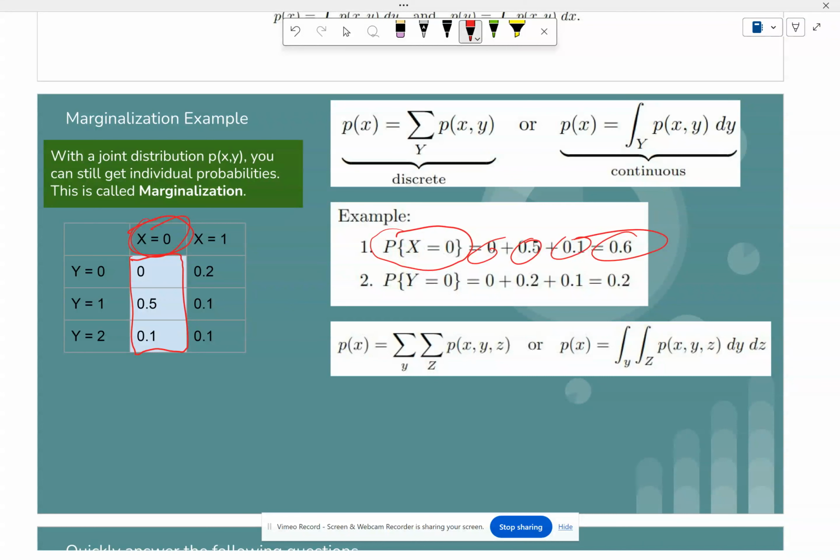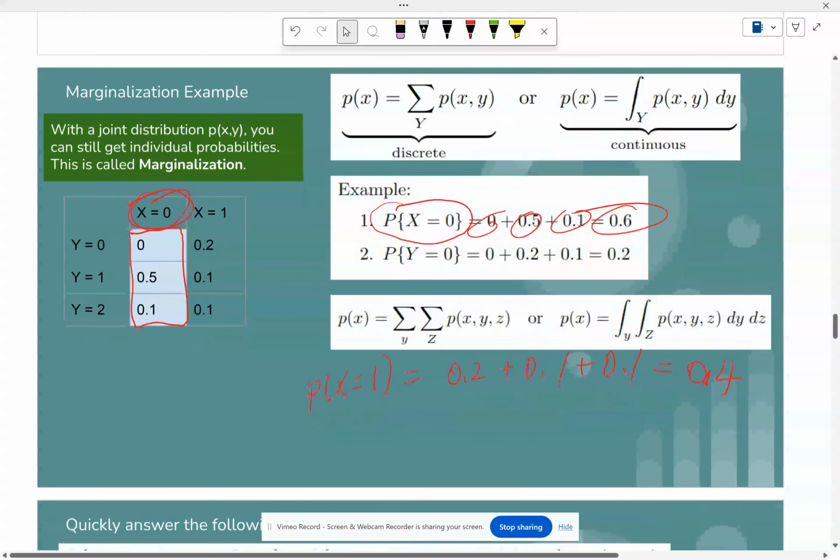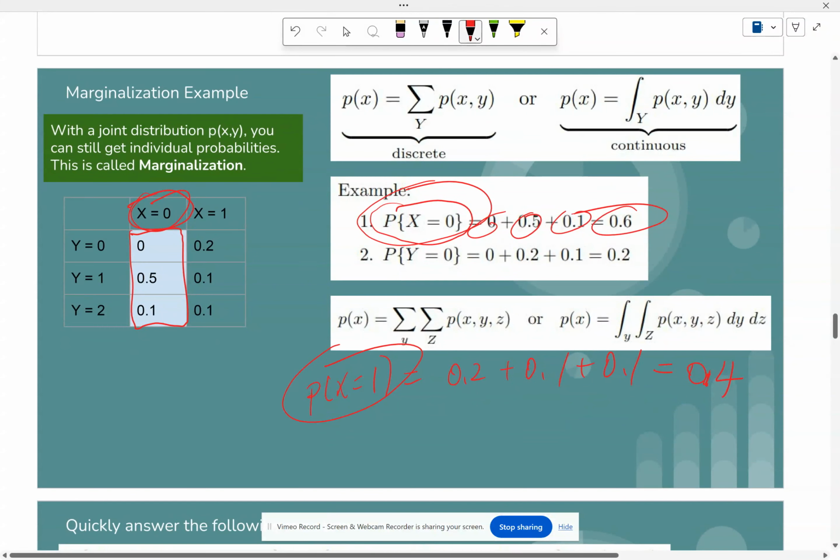If we want to calculate the probability of x equal to 1, then it will be 0.2 plus 0.1 plus 0.1, which is 0.4. So now we have the probability for p of x completely.